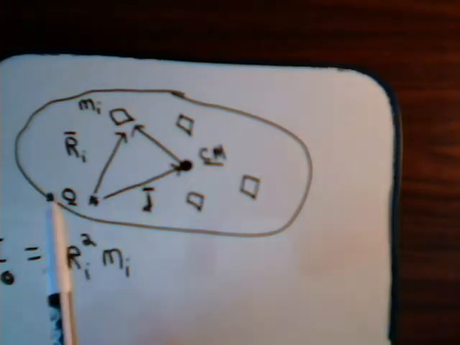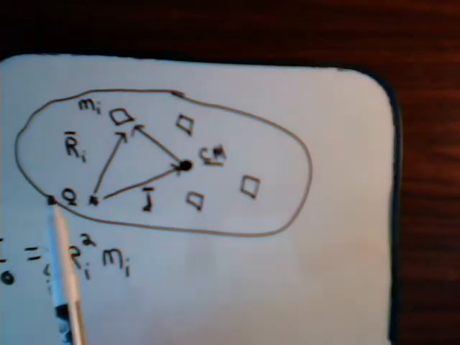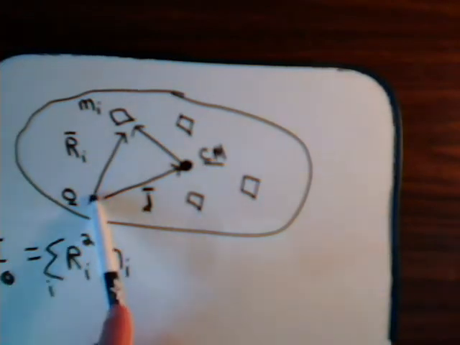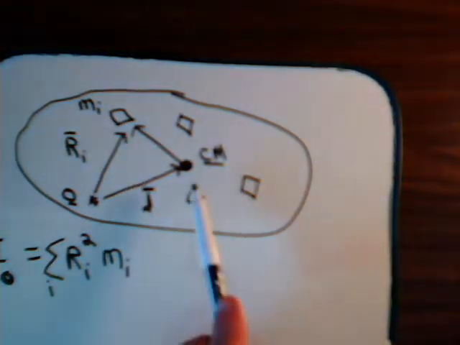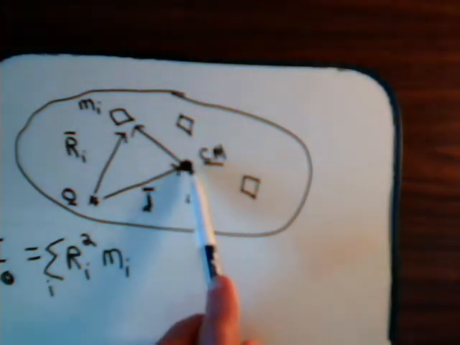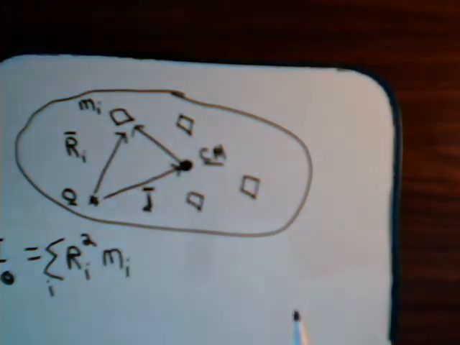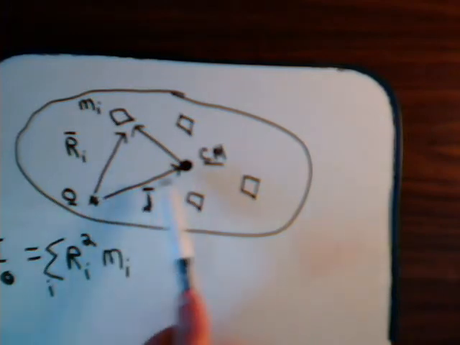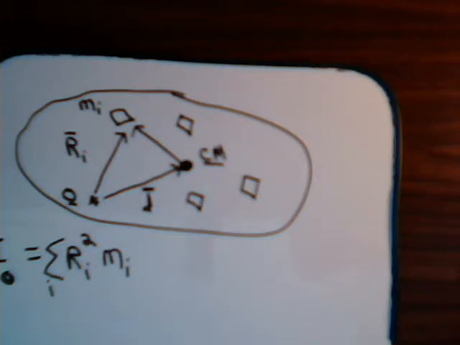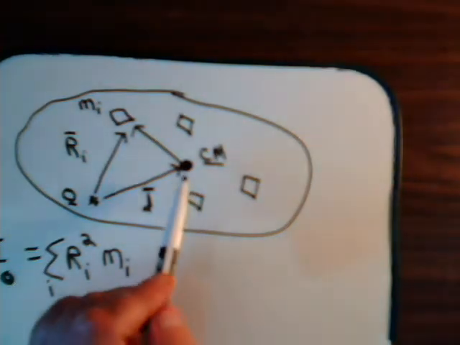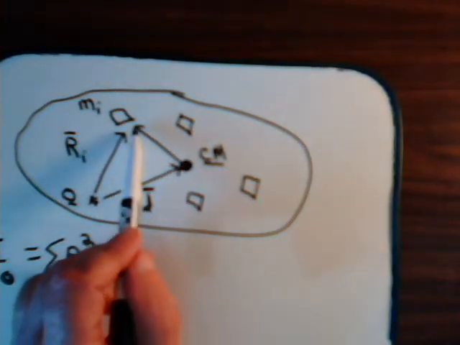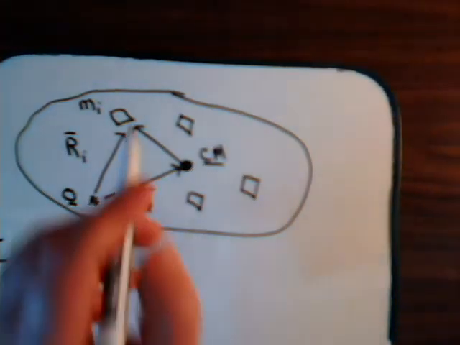Now, notice that the way we have this set up, this position vector Ri, here is the center of mass. Let's say it's at a distance d, or has a position vector d from point O. Then we can imagine another position vector going from the center of mass to each particle mi.